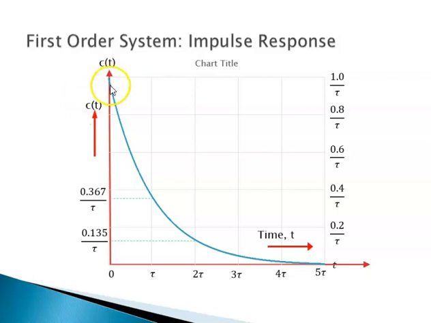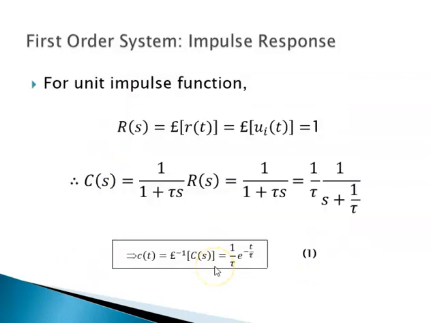So you can see it is starting on the y-axis here, and gradually it is coming down to 0. Thus, we see that a first order system is defined or described by one parameter tau. This tau is called the time constant of the first order system.